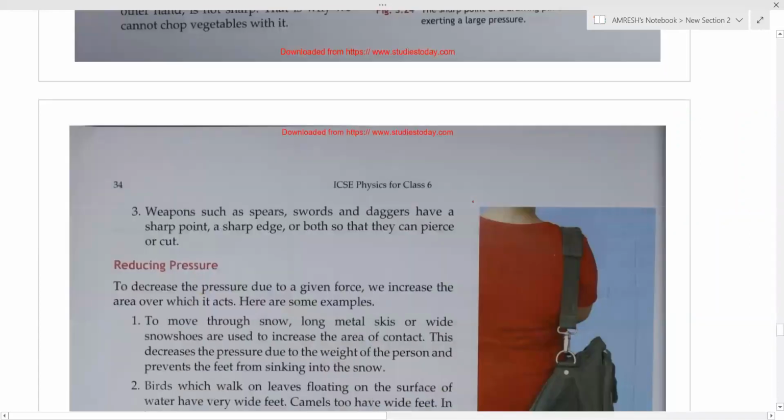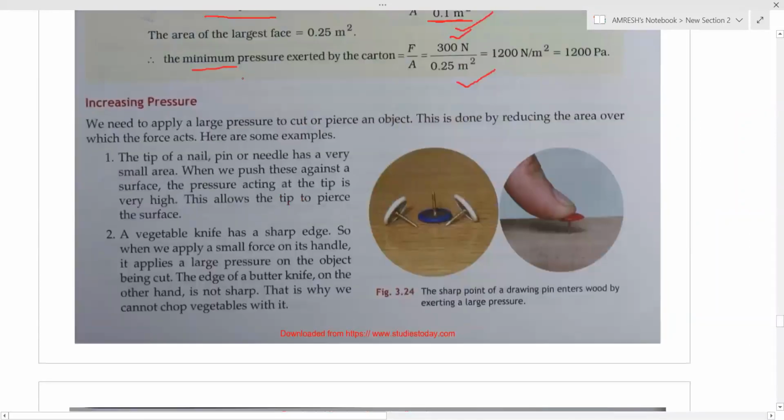Now, what are the methods of increasing pressure? For increasing pressure, simply you have to decrease the area or increase your force. There are two methods only. So, to cut or pierce an object, we need to apply large pressure.